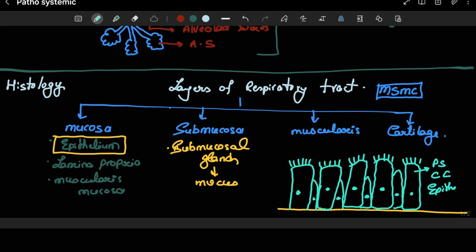And make sure that this lines the entire respiratory tract except the vocal cords. Then the question is, what is the epithelium that is present in the vocal cords? It is nothing but the stratified squamous epithelium.